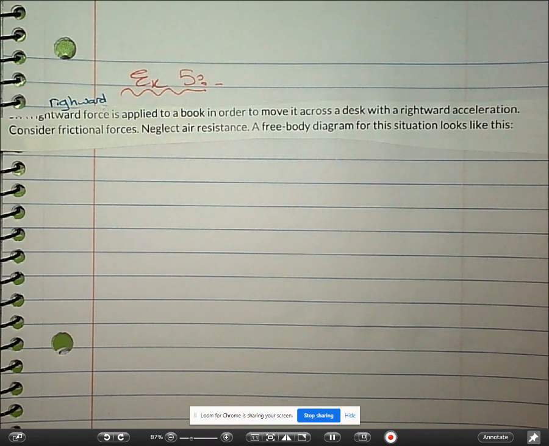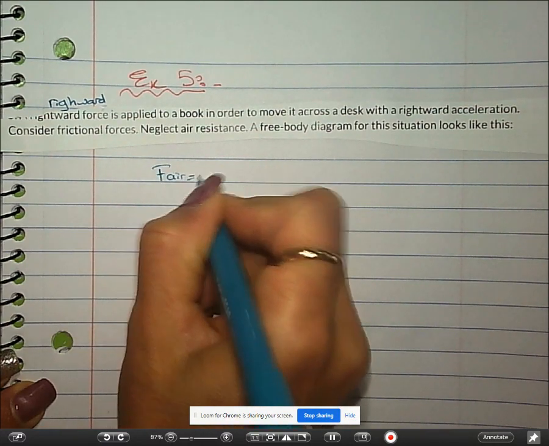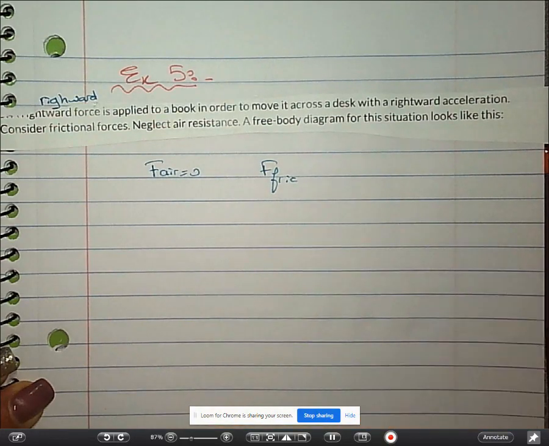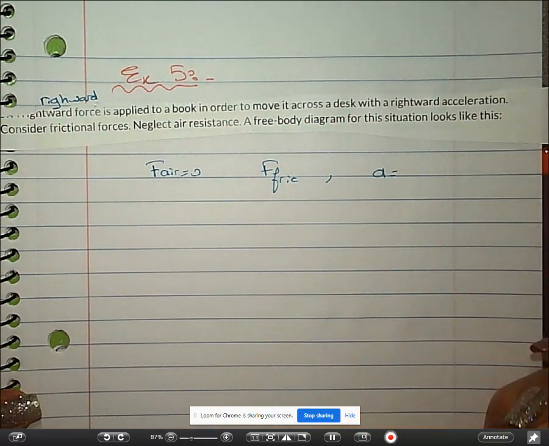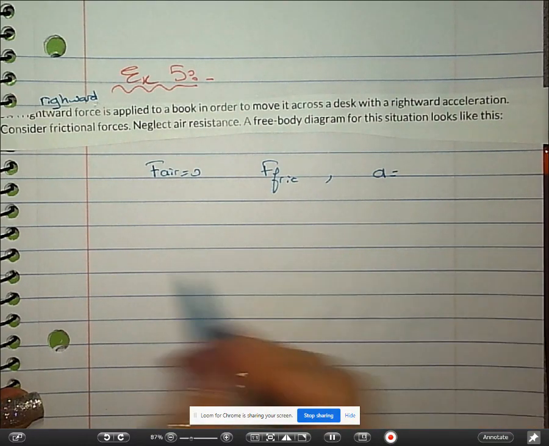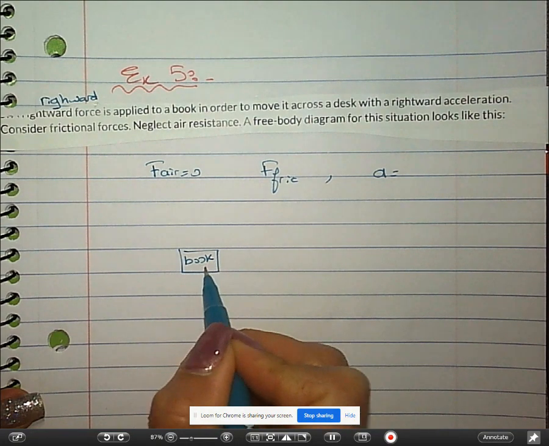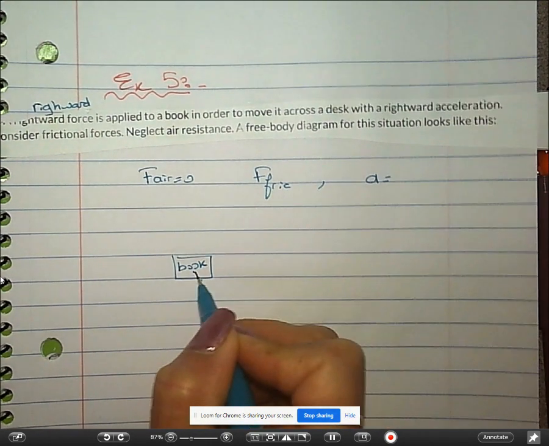Neglect air resistance, so F air is 0. We got a frictional force. We have an acceleration. So that's what we're going to draw. We're going to draw the book, and we have the force of gravity going downwards.